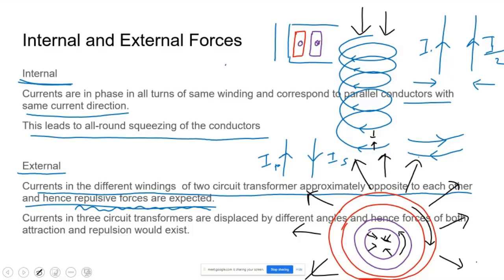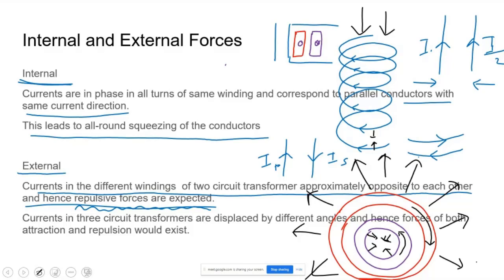We have two extreme cases here. One is completely parallel, completely in phase. That is internal force, what we have discussed just now. And the external forces depend on different windings. If the windings have different phase angles, obviously they will have different kinds of forces, attractive force also, repulsive force also. It all depends on the exact case.